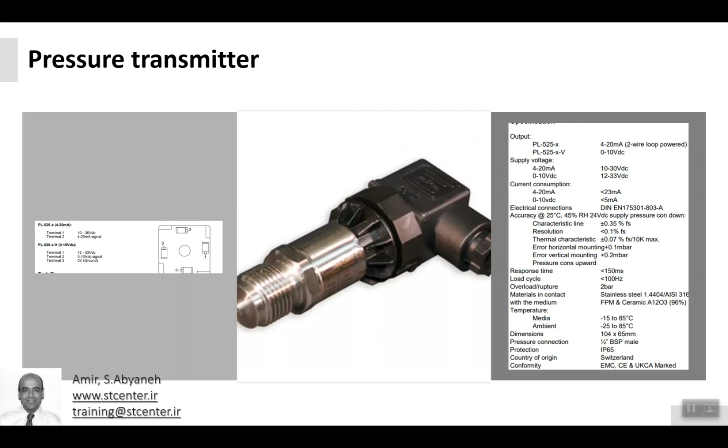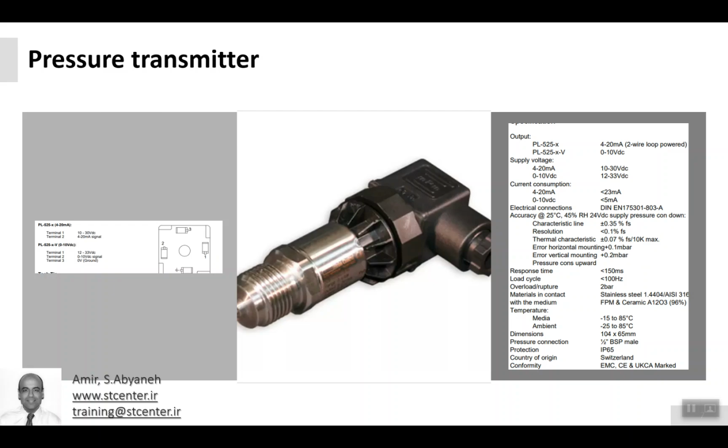We talk about some specific sensors like the pressure transmitter, to transmit the precise pressure output of the system. The signal is 0 to 10 volt or 4 to 20 milliamp. It needs to be powered up by 24 volt.